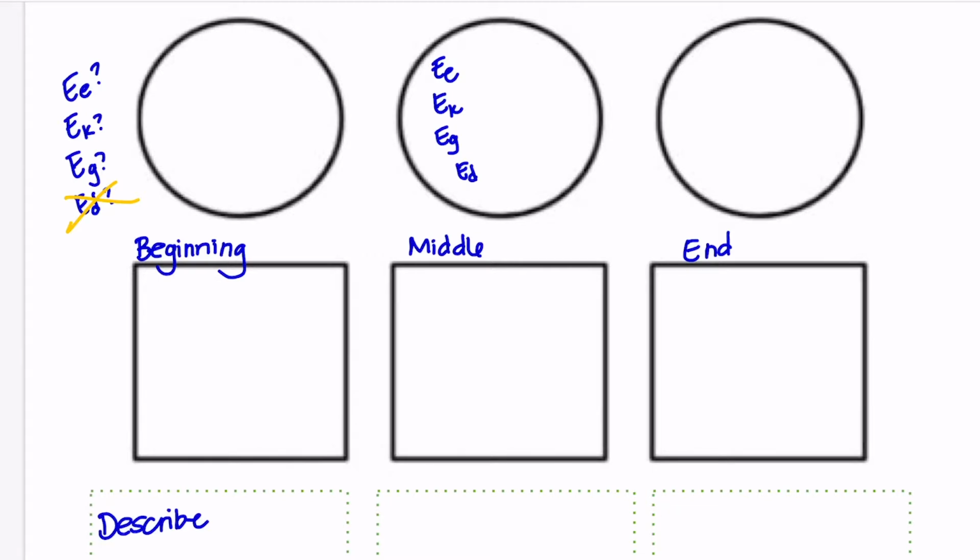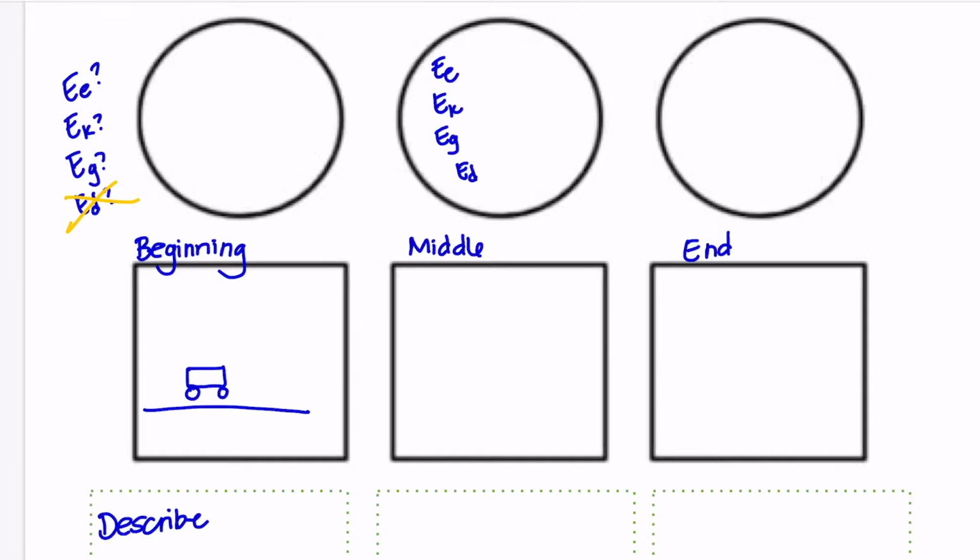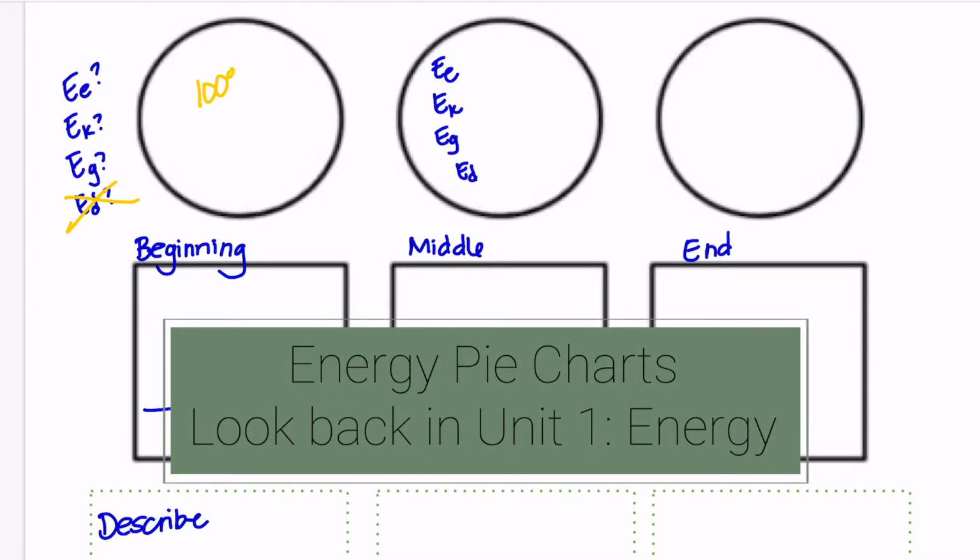And so you are going to end up drawing whatever it is. So maybe you're drawing your car at the beginning. Where is your car? What is your car doing? And then what kind of energy, right? So I'm going to use ED for the first one because I know it's not it, right? So is it going to be 100% ED?